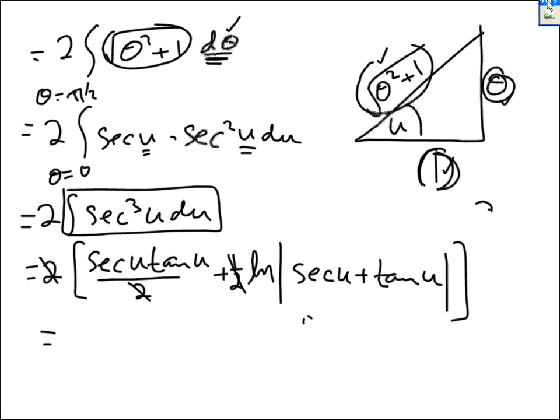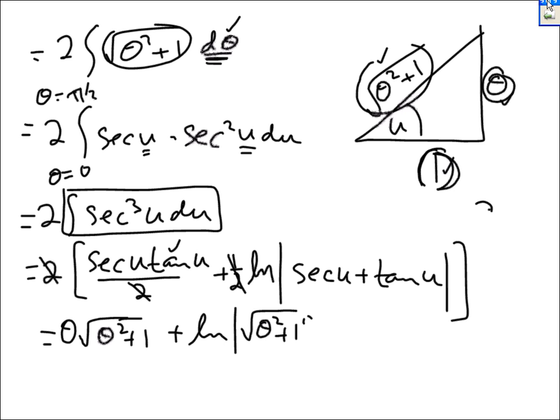Secant of u, using my triangle up there, is just the square root of theta squared plus 1, times tangent of u, which is theta. I'll put the theta first. Plus ln of the same things except we add them: the square root of theta squared plus 1 plus theta.